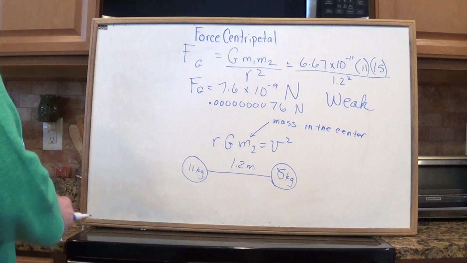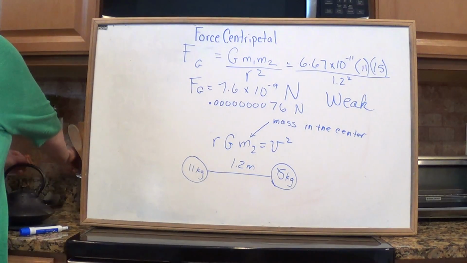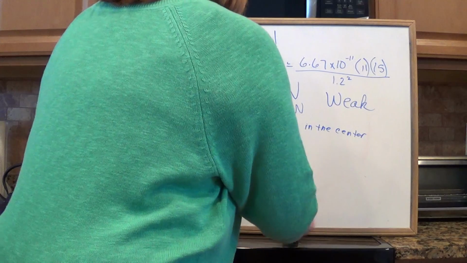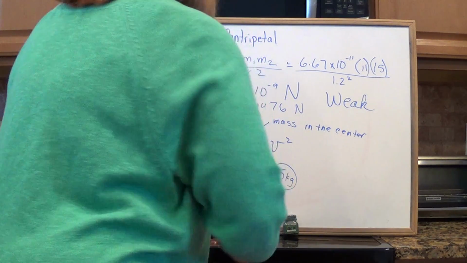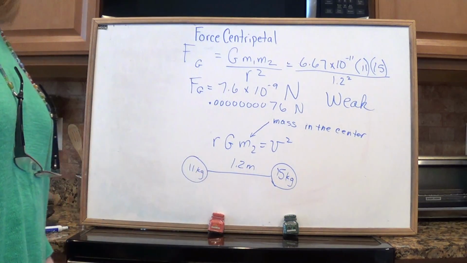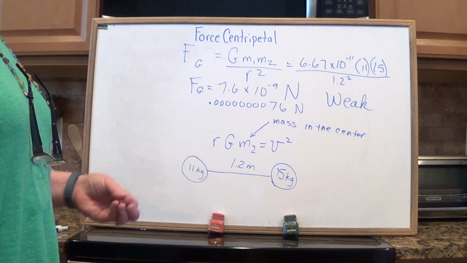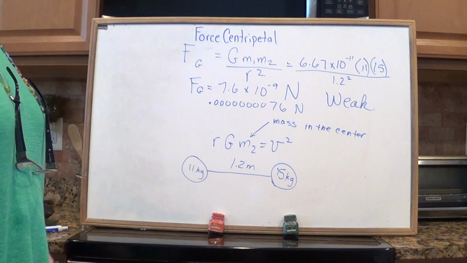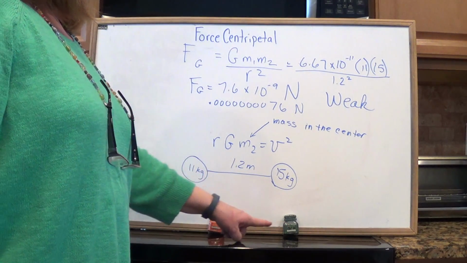For example, if I had a salt and pepper shaker, these are not salt and pepper shakers, but imagine they are. Suppose I set them here on my stove, and this has a mass, that has a mass. Any two objects with mass on the whole planet, in the whole universe, will experience the force of gravity on one another. So there is a force of gravity from this mass to this mass.